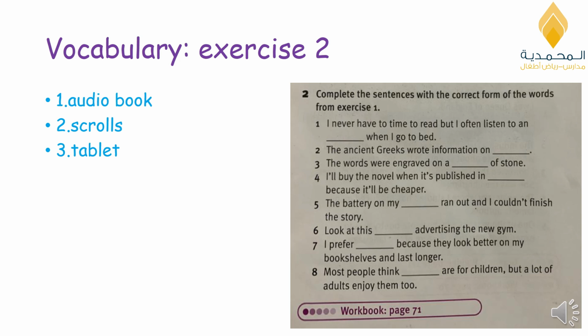Number 4, I will buy the novel when it is published in paperback because it will be cheaper. Number 5, the battery on my e-book ran out and I could not finish the story. Why do we say e-book? Because we use batteries for electronic devices.